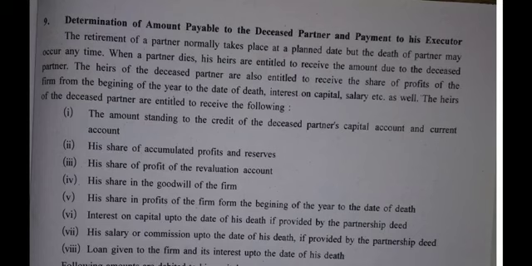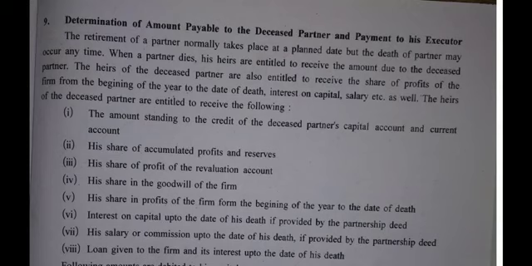And also interest on capital, salary, etc. as well. The heirs of the deceased partner are entitled to receive the following. So now we are talking about the balance to be paid to the heirs of the deceased partner, the one who has died.